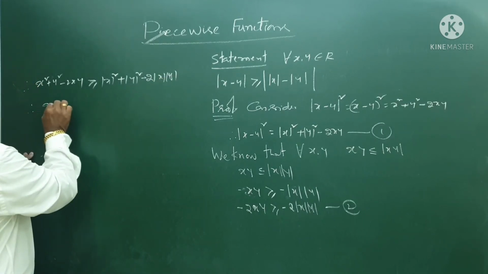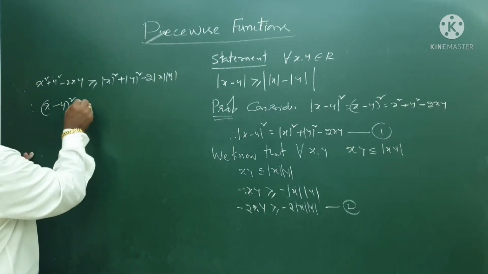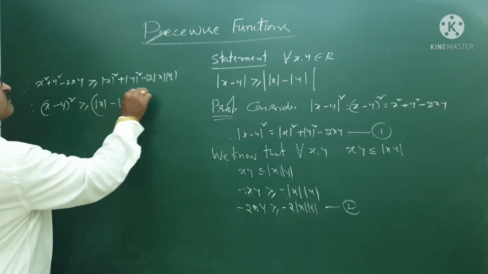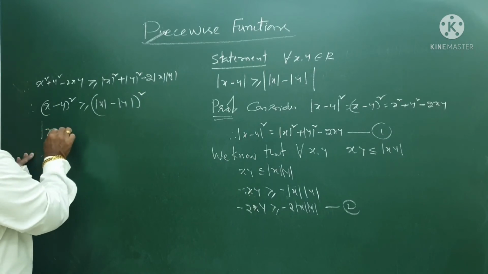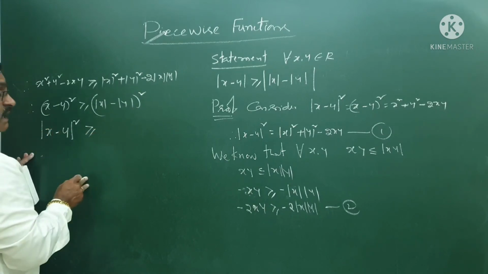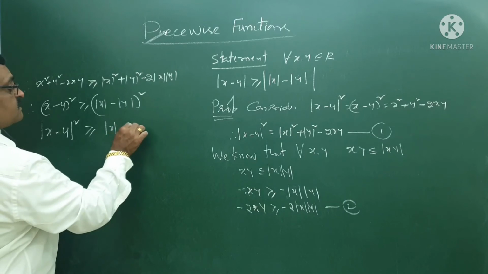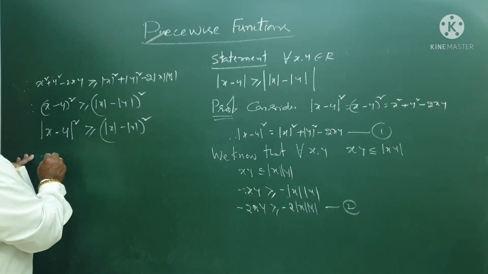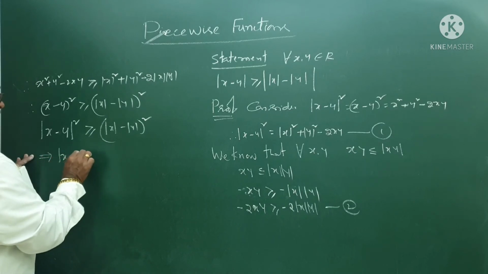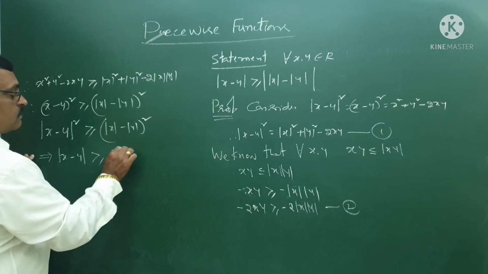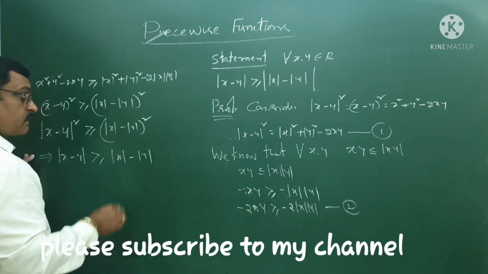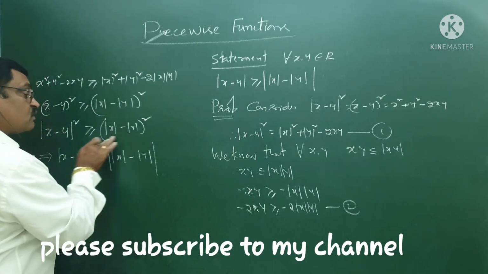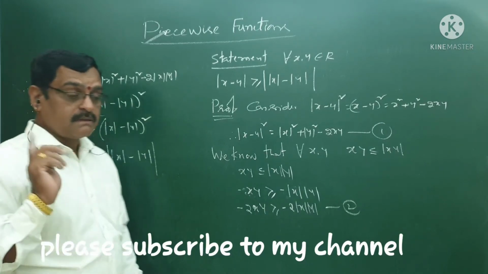Therefore, this side I get x minus y whole square is more than or equal to mod x minus mod y whole square, or mod of x minus y whole square is more than or equal to mod x minus mod y whole square. Taking positive square root on both sides, we get mod of x minus y is more than or equal to mod x minus mod y, and of course we take mod. Why? Because the square root of a number is positive. Okay, please take this.